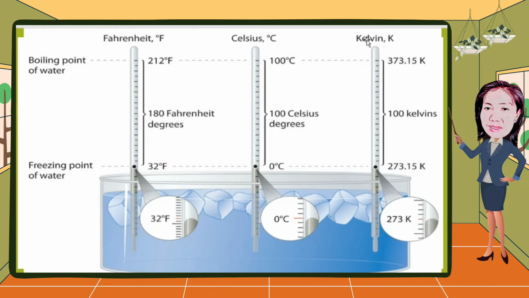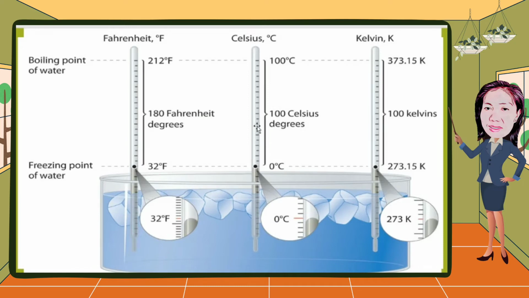In Kelvin, the boiling point of water is 373.15 Kelvin, and the freezing point of water in Kelvin is 273.15 Kelvin. So when we subtract 373.15 minus 273.15, we'll have an interval of 100 kelvins.